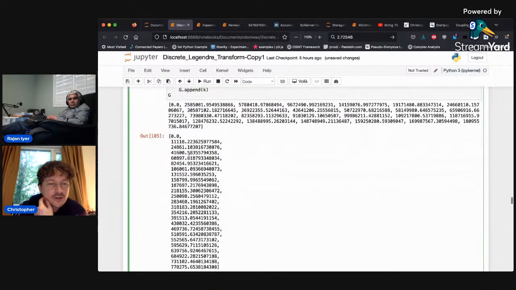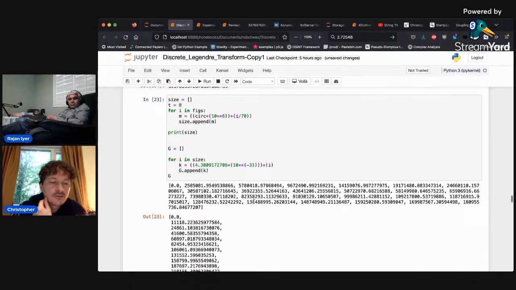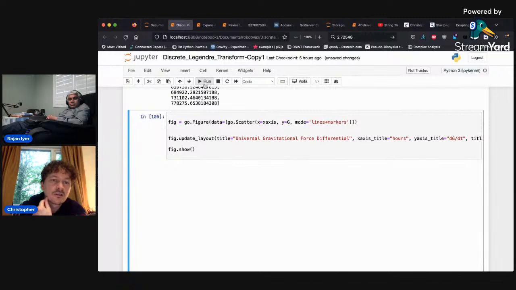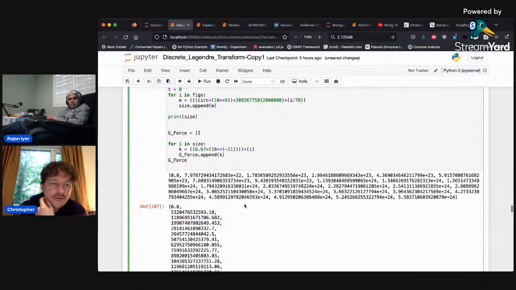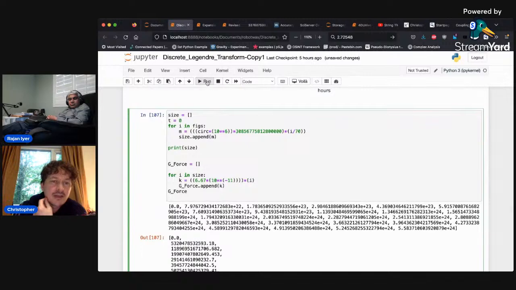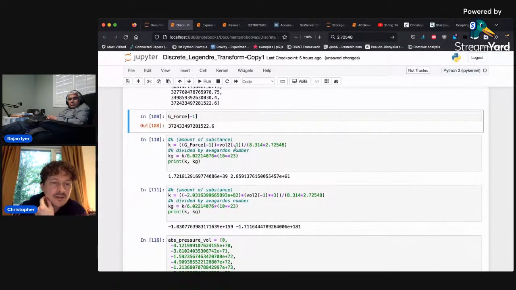So this is the force differential as it grows, the universal gravitational force differential. That gives us that, and this is the same thing, but in newtons instead of, or in meters instead of parsecs.